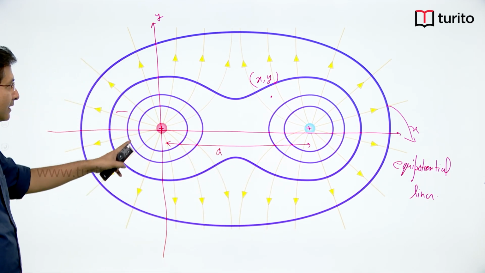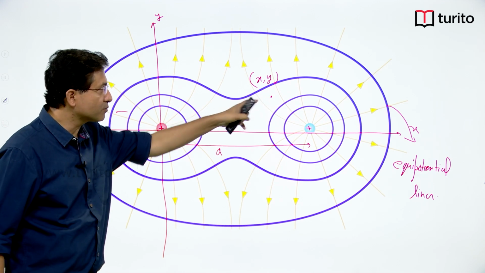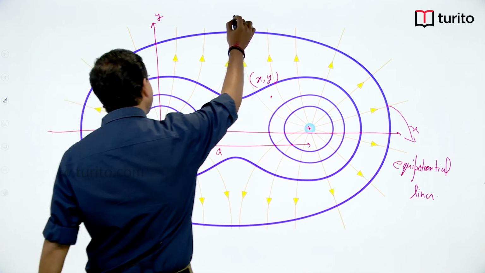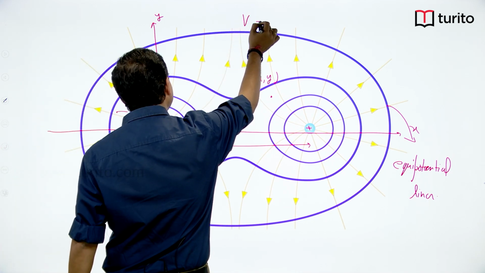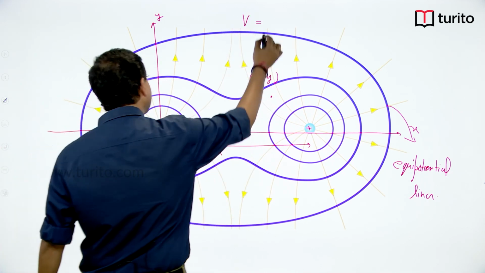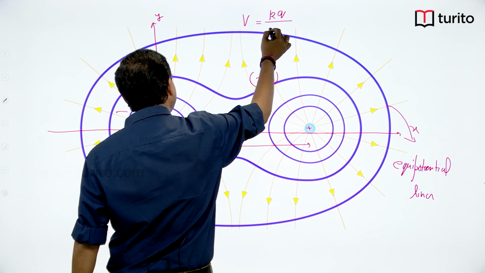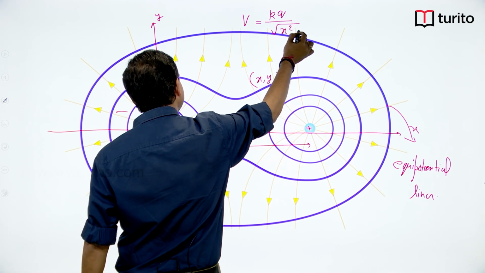So, what I can write is the potential at this particular point: k q divided by under root x square plus y square.